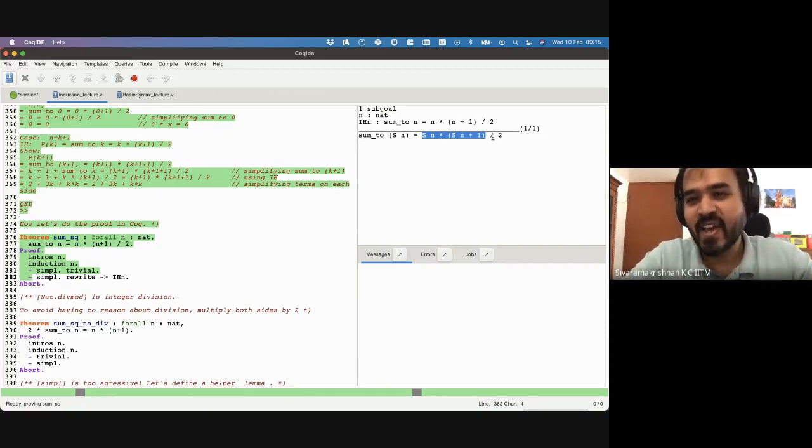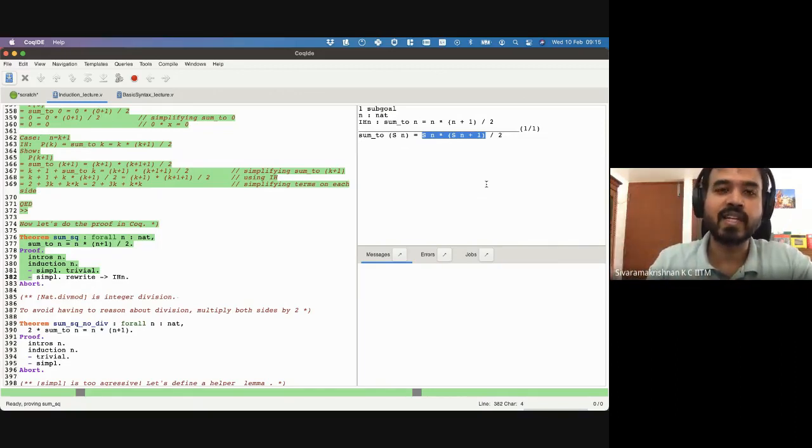That is why we don't end up with a fraction when we divide this number by 2, because we are multiplying n and n plus 1. I mean, n plus 1 and n plus 2 here, but one of them has to be an even number, so you can divide that number by 2. All of this is in our mind, and we know that this works. We know algebra, we know all of this works, but these are all proofs that we have in our mind. We have to communicate all of this to Coq, and that becomes tricky.